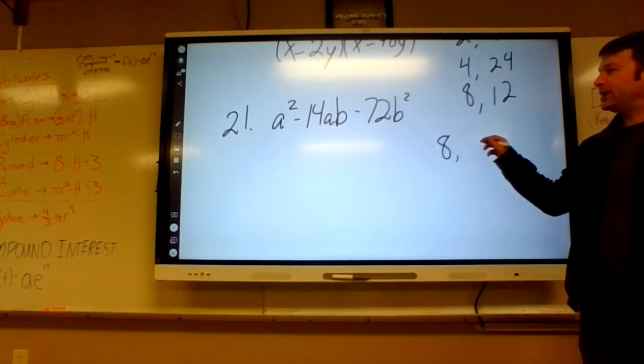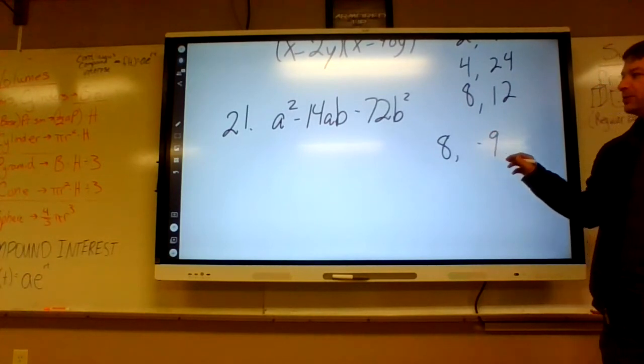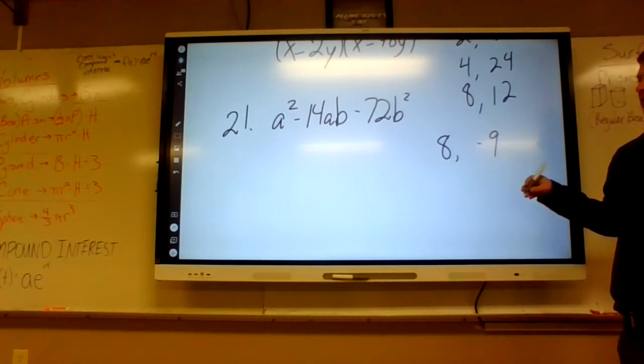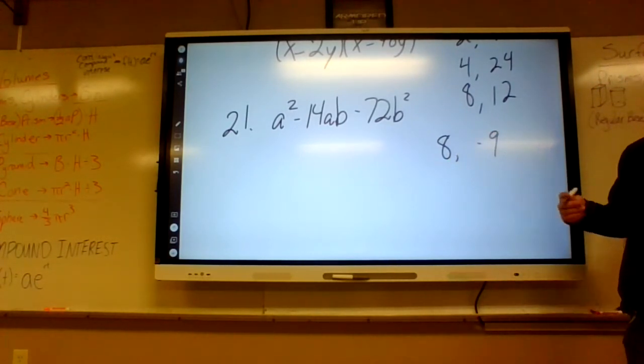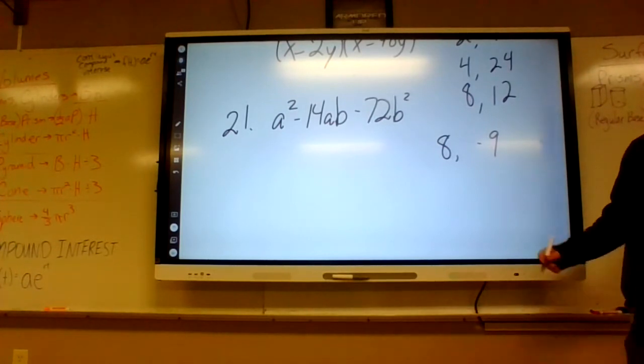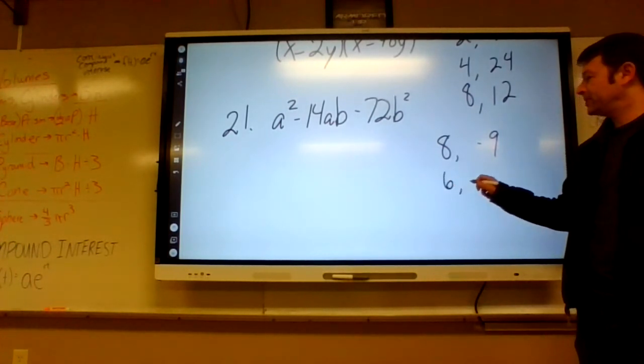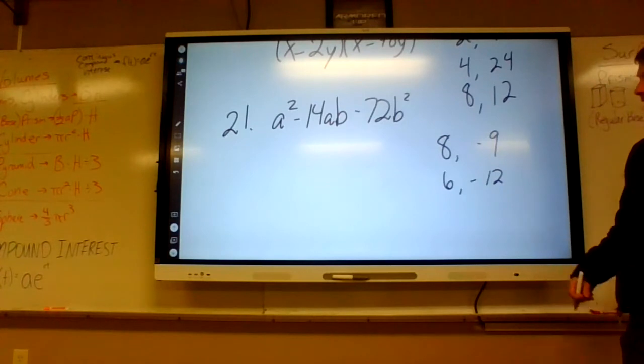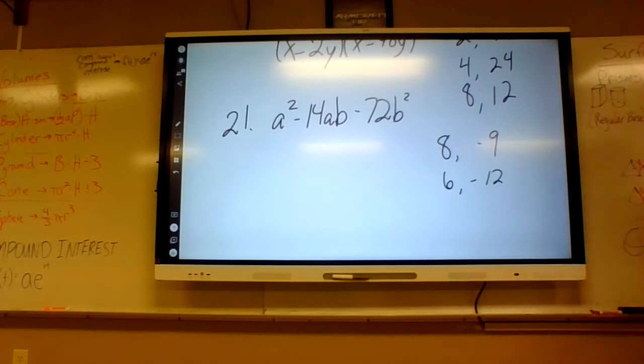One of them would have to be negative, right? Can we get negative 14 out of that? No. So we're gonna have to think of something else. 6 and 12, yeah, that's true. One of them has to be negative. Can we get 14 out of that? Nope. Something else.